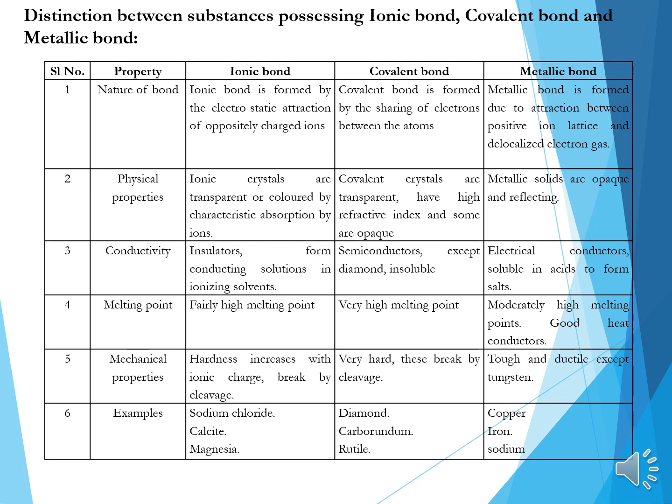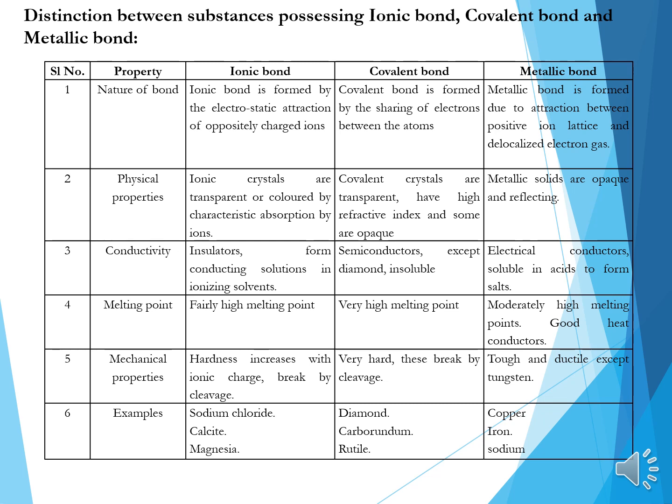The second thing to be compared is their physical properties. Ionic crystals are transparent or colored by the characteristic absorption by ions. Covalent solids are transparent, have high refractive index, and some are opaque, while metallic solids are opaque and reflecting. Now let's come to conductivity.